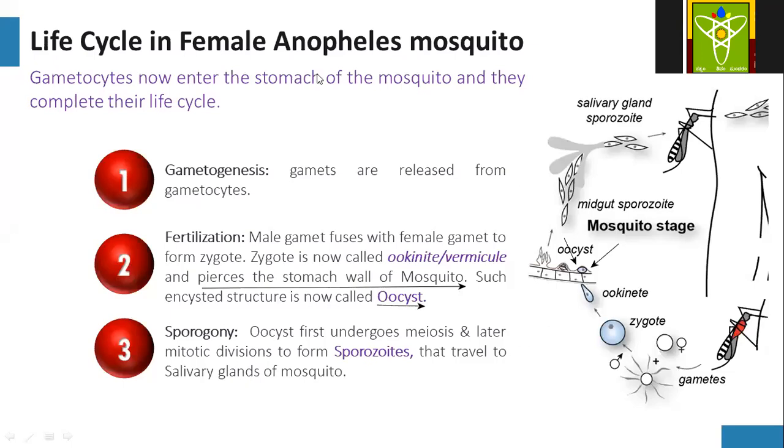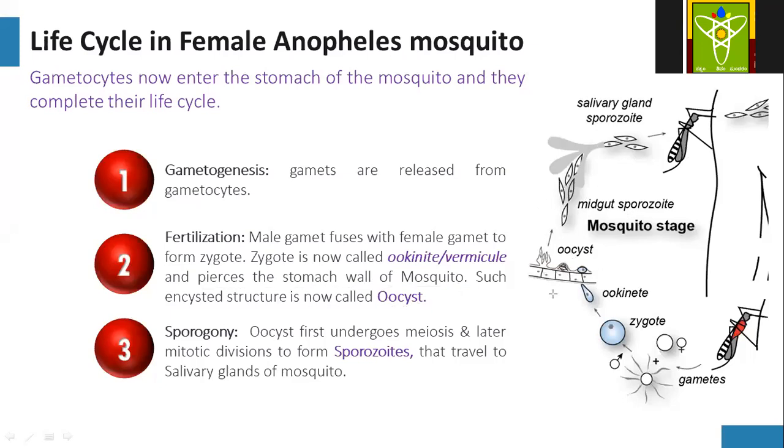Now these sporozoites, students, can you see, will travel to the mosquito's salivary glands. And once again, such an infected mosquito bites a new human being. Again, that human being will suffer with the same process. This is how the sexual stage occurred in the mosquito's body.